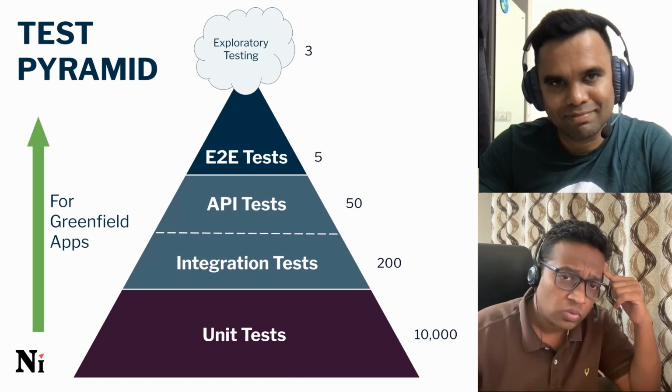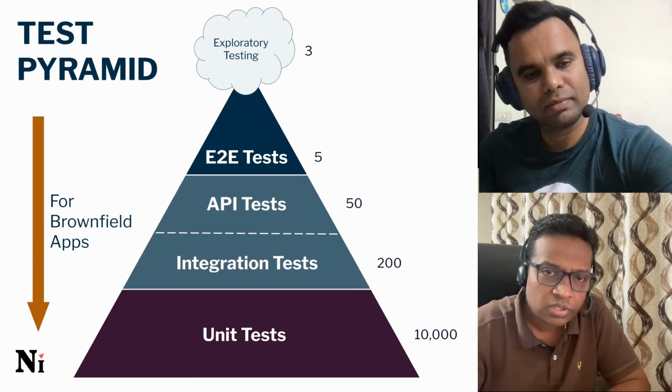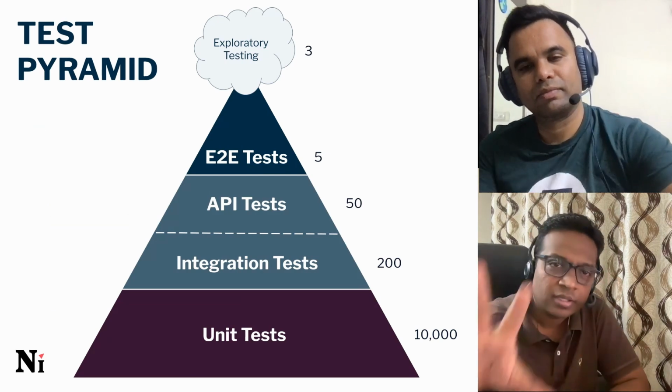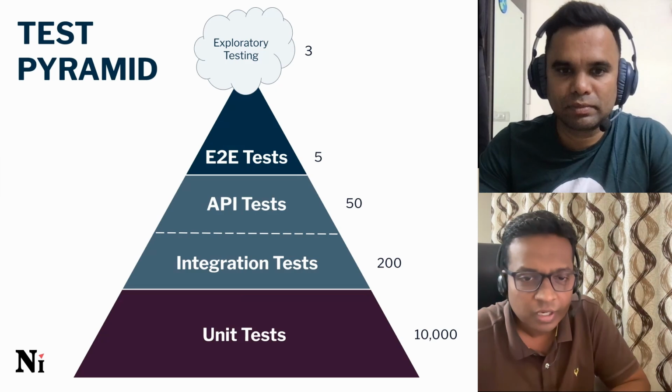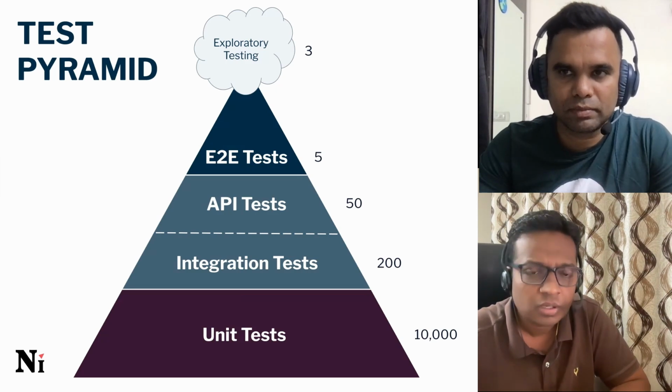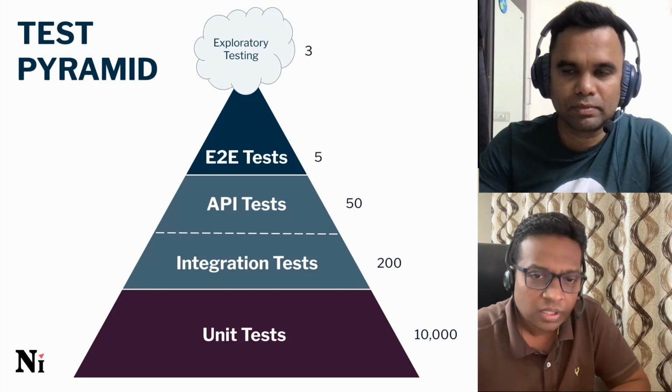So it's important to understand this, because if people just look at the shape of the test pyramid and take it too literally, without understanding the nuances of how to apply it in their scenarios, then that can lead to bad results.